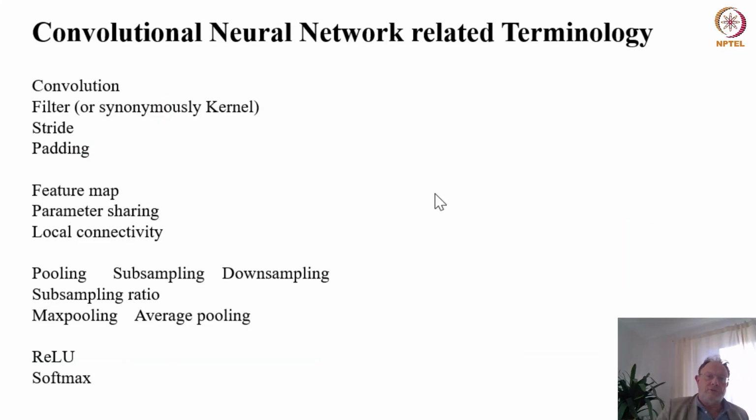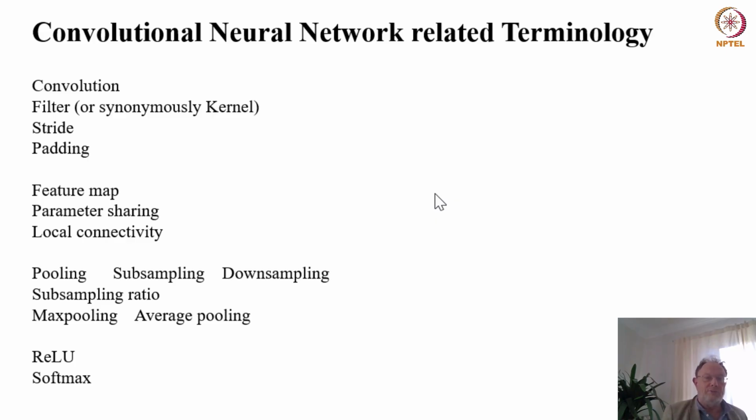There are a few terms that are important when we go deeper into these different phases. Convolution, you already heard, you got the mathematical background. There's also something called filter. A lot of people talk about kernels. I personally prefer filter, because kernel is used in so many fashions, as you remember from earlier lectures. This is a little confusing, actually. There is a concept called stride. There is a concept called padding.